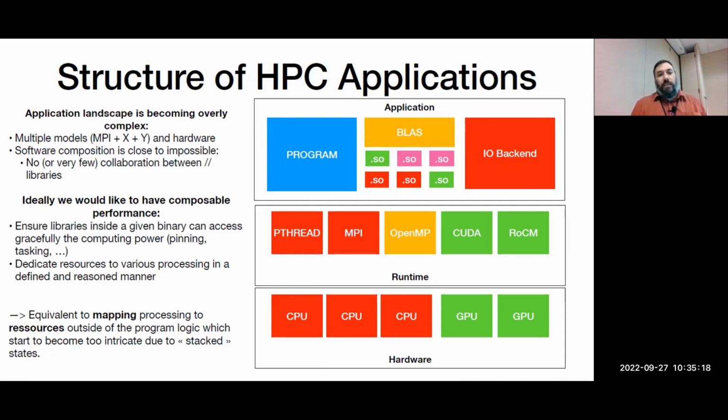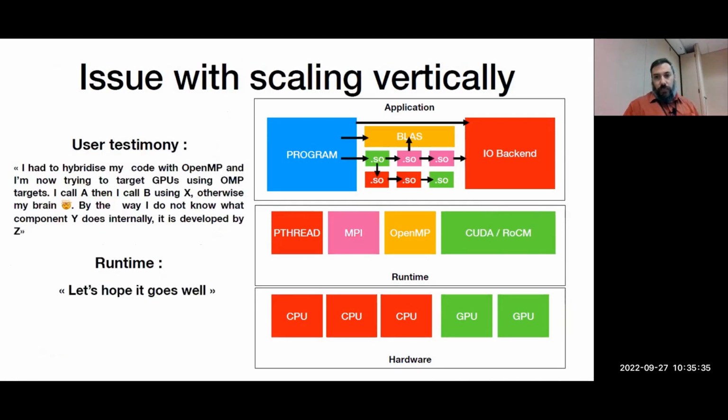Also, it's very difficult because most of the time there is very little collaboration between the libraries that tackle the different resources or that implement the different programming models. So basically what we end up with is something like this.